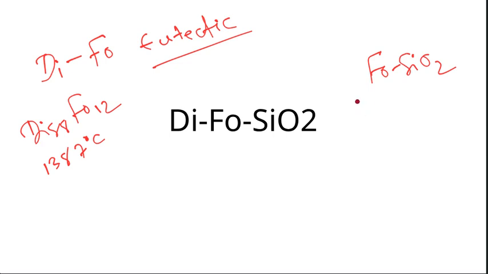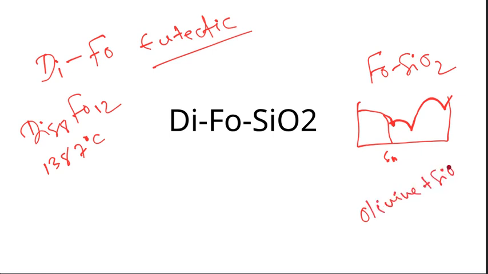So it is the peritectic system, that is, with a reaction point, na? So here it is the enstatite, and this is the reaction point. At this point, forsterite reacts with silica and forms enstatite.